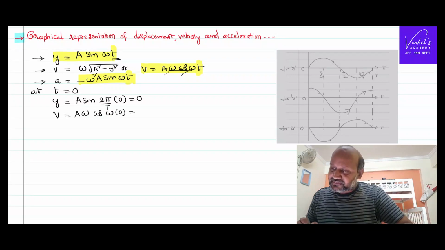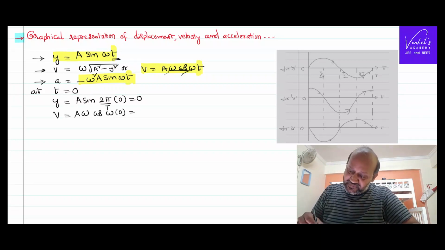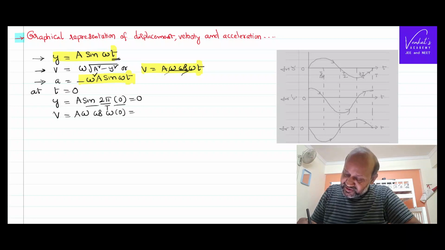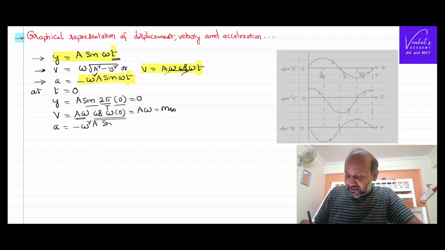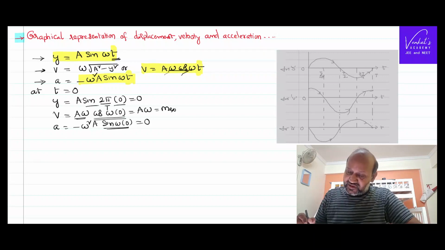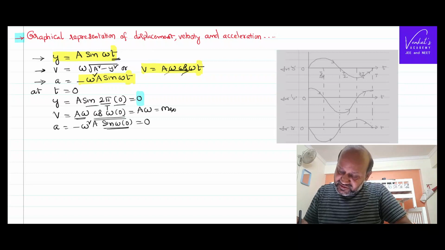Sine 0 is 0, but cos 0 is 1. So its value becomes a omega, which is the maximum possible value. For acceleration, minus omega square a sine omega t, with t equal to 0, sine 0 is 0, so this value is 0. So displacement is 0, velocity is maximum, acceleration is 0.